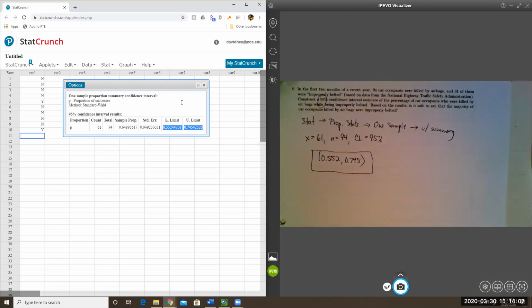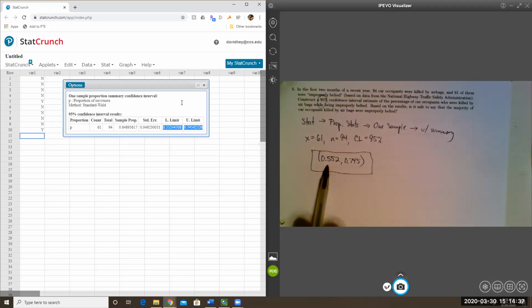Based on our interval, is it safe to say that more than 50% of people killed by airbags are improperly belted? Well, the answer to that question is yes. Because the lower bound of our interval is 55.2%. So at the very least, we think 55.2% of people are improperly belted if they're killed by airbags.